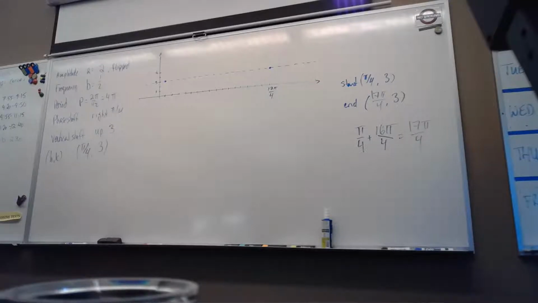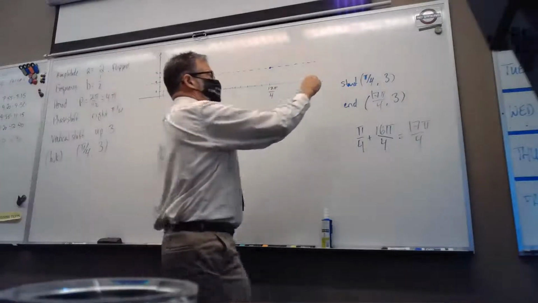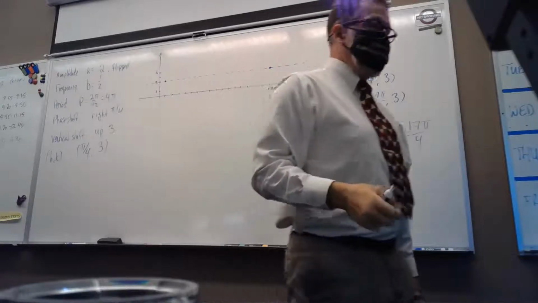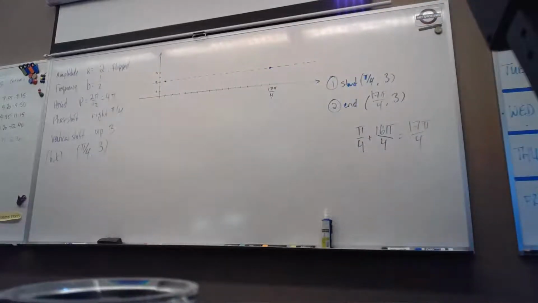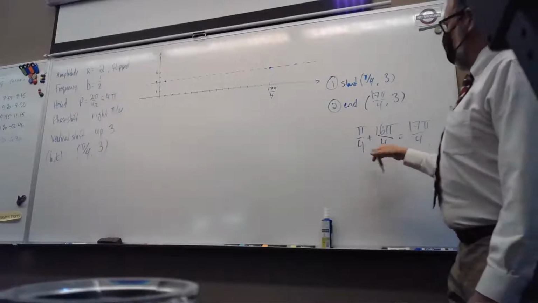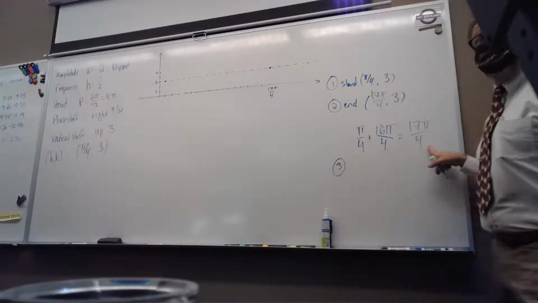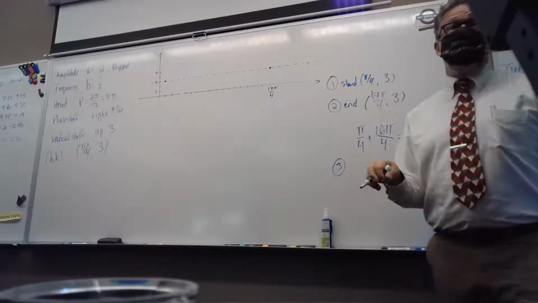Cool. Guys, there's the first point. There's the second point. Where's my third point got to be? Rabin, third point? Third point's in between the two ends. Aha! Halfway between pi over 4 and 17 pi over 4. So how do I figure that out, Rabin?